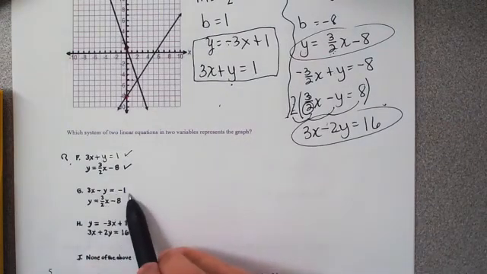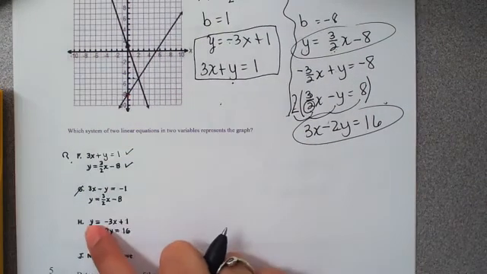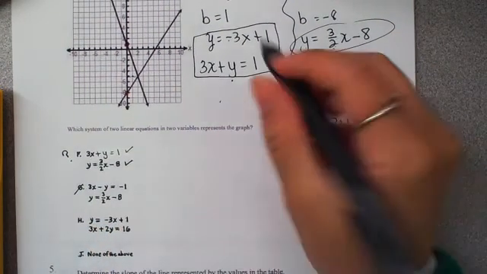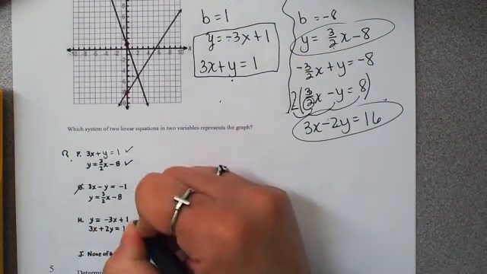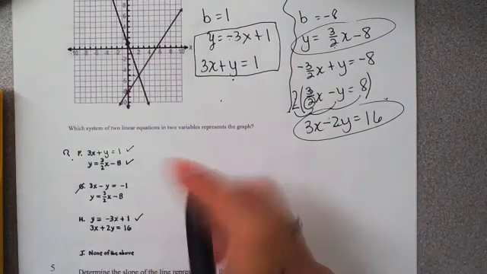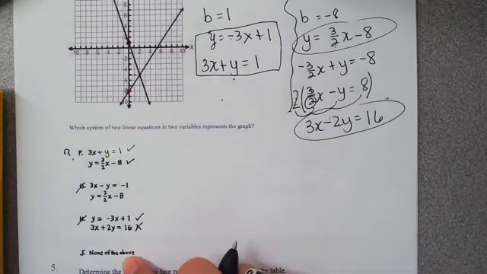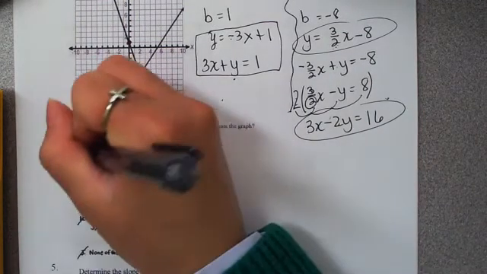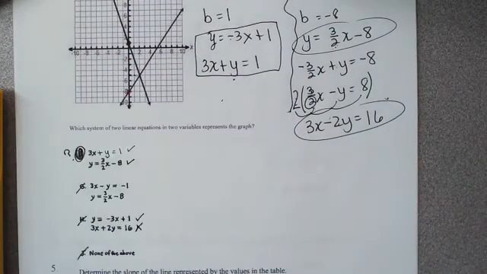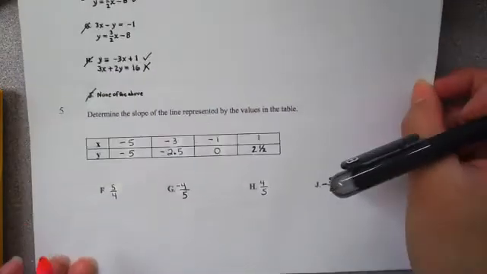I think it's this one. Okay, but let's check. 3x minus y equals negative 1. That's not the same thing. Okay, so I know it's not that one. Negative 3x plus 1. Yeah, there's that one. But then over here should be 3x minus 2y, and this one has 3x plus 2y. So it's not that one. And of course, it is there. So you're going to have one exactly like that.